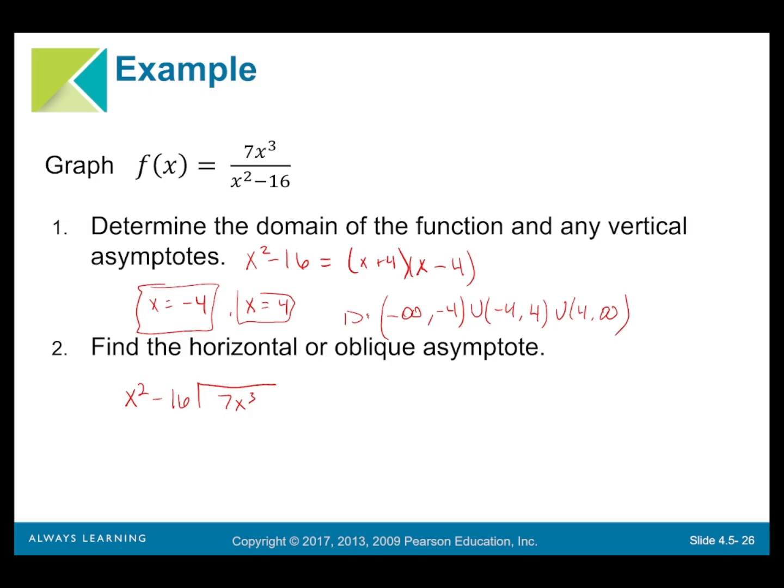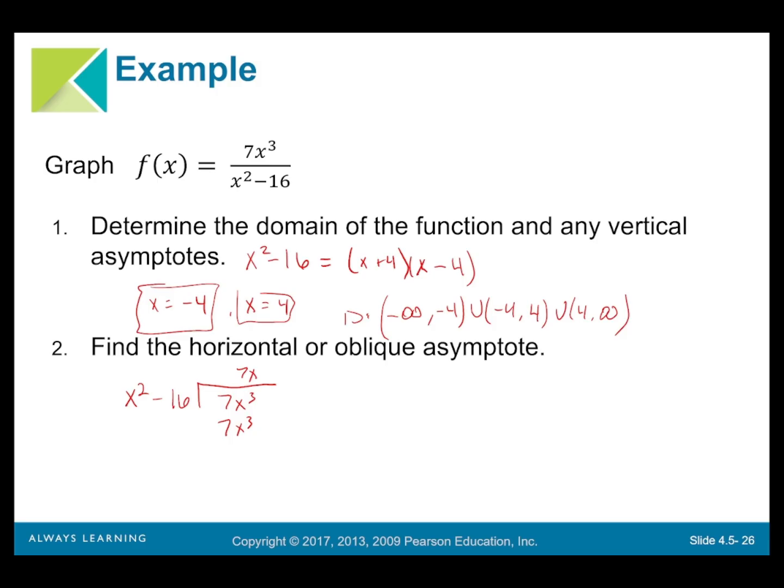So jumping in here, we want to think about what times x squared gives me 7x cubed. And that's, of course, 7x. If I carry out that multiplication, I'm looking at 7x cubed. I subtract 7x cubed. Before I subtract, I need to carry out the 7x multiplication with the minus 16.